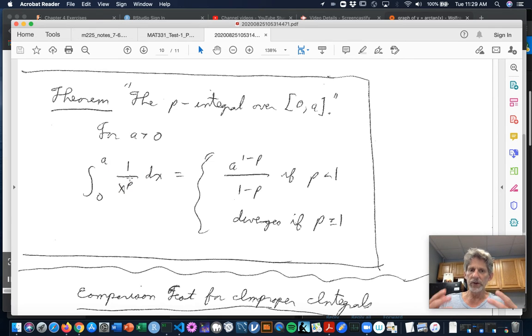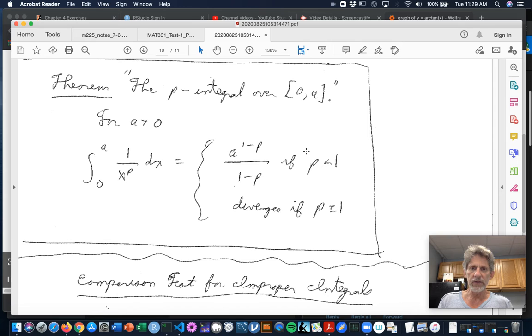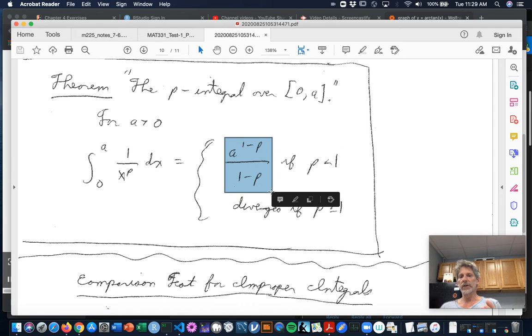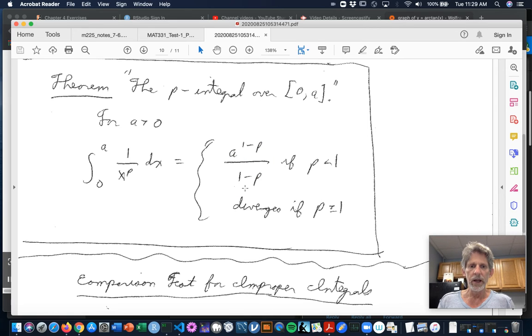So if you were to work out such improper integrals, then it turns out that if that power is less than 1, there will be a finite amount of area underneath, given by that formula there. So like when our p was a half, it was a finite amount of area underneath. But there's an infinite amount of area underneath if the p is bigger than or equal to 1. So it's kind of the opposite of the situation of the other p integral that went from the a to the infinity.